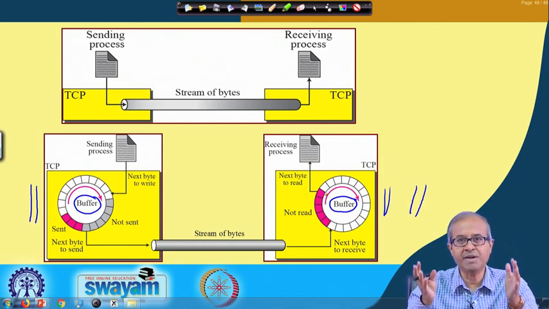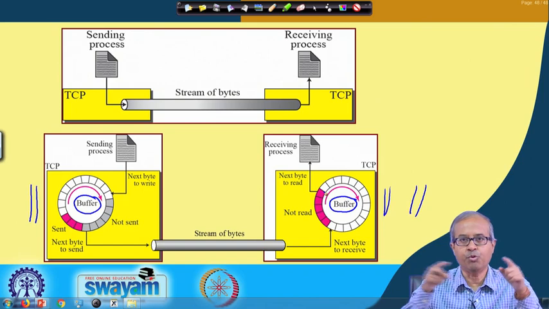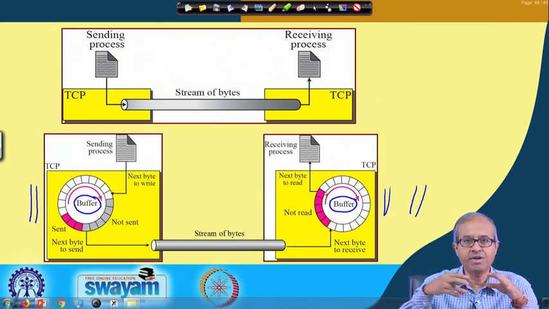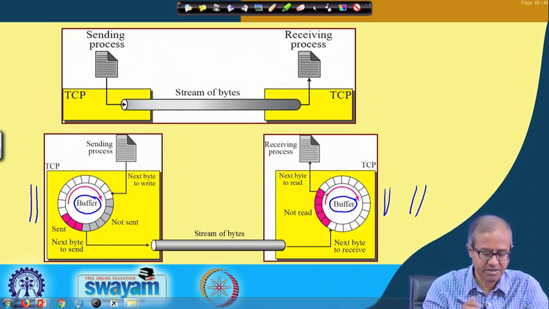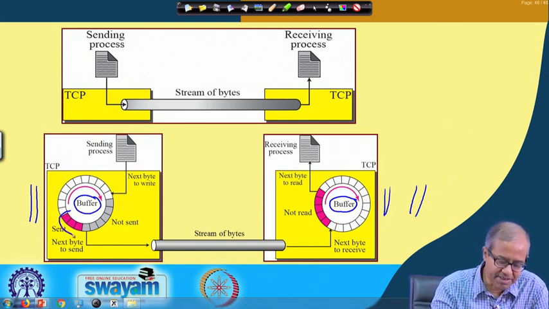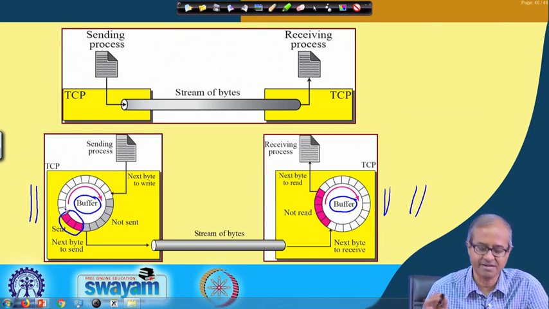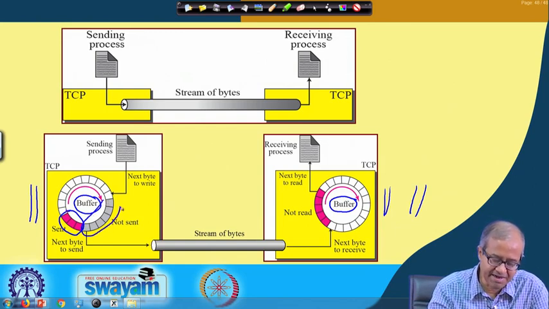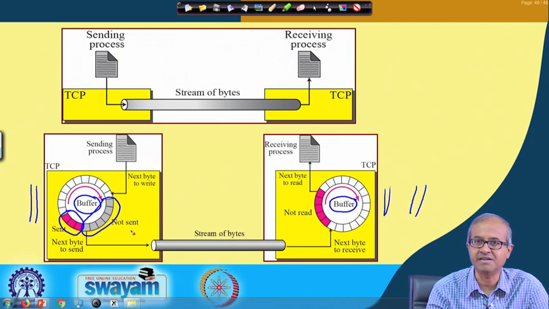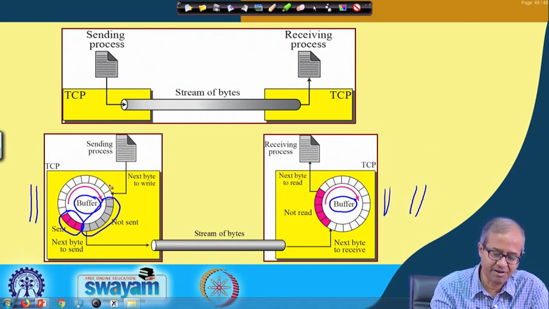The receiver also will maintain the buffer, whatever comes it will put in the buffer, and both the sides are keeping track of how many bytes have been sent, how many bytes have been received, and so on and so forth. Like you see in the sender process, there are some bytes marked in pink which indicates the bytes which have been sent, already sent. The bytes marked in gray indicates which have not yet been sent, and the process, when it is generating some data to be sent, it will be storing them into the buffer from the next available location onwards.